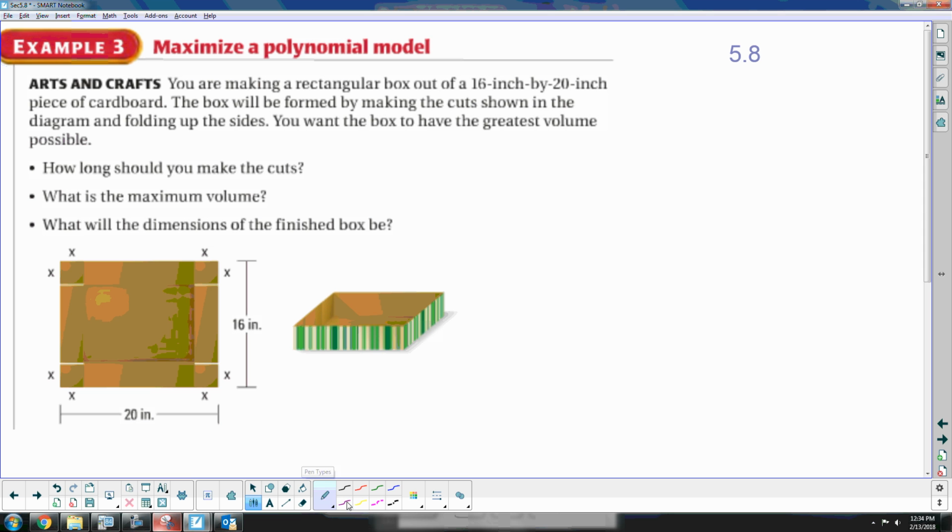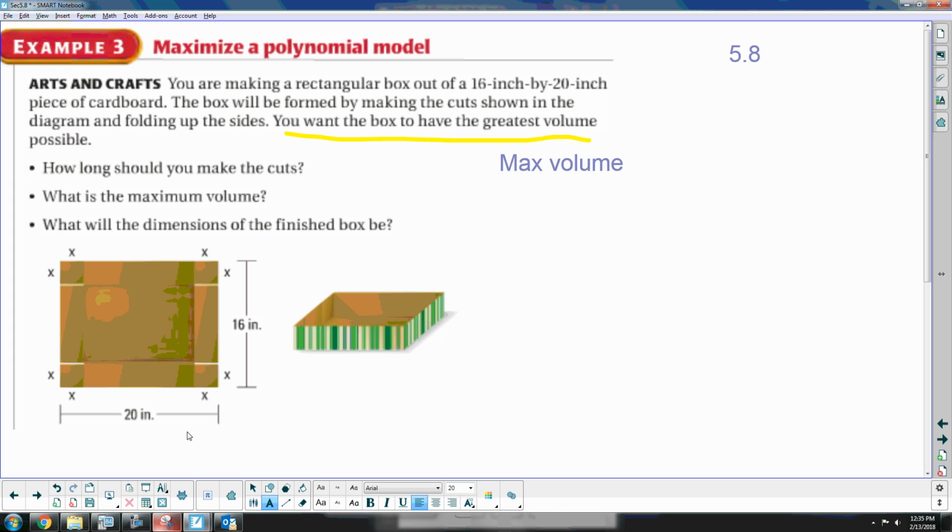So we want to have the greatest volume possible. So that means that we need to maximize our volume. Now, if you think of what our volume looks like for this kind of problem, we're looking at the volume of a box.